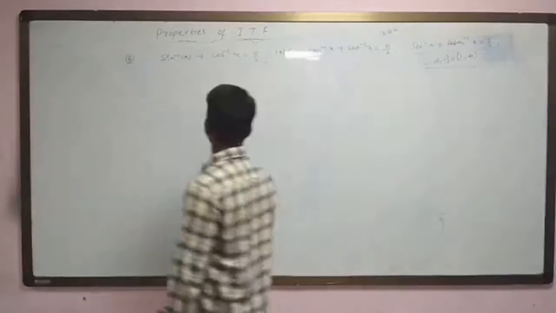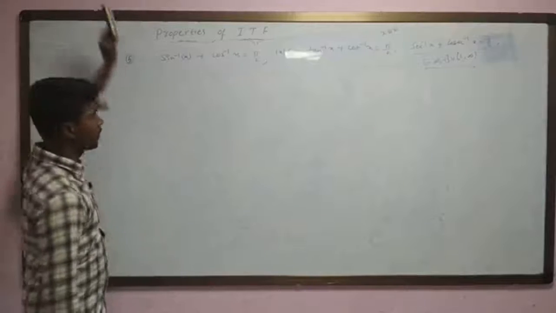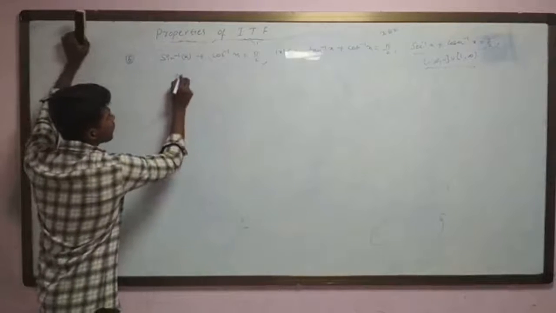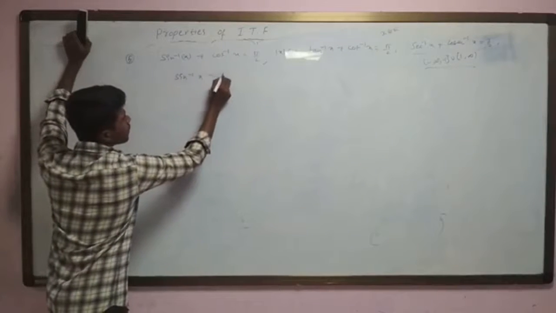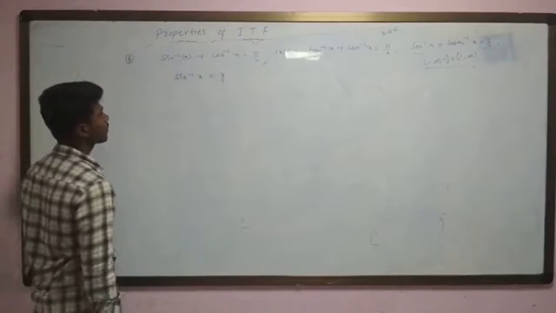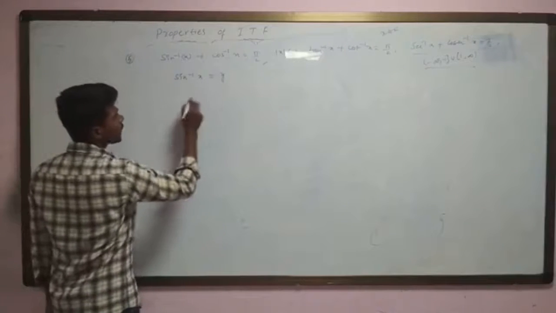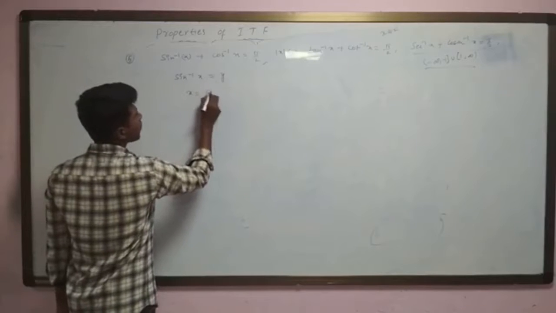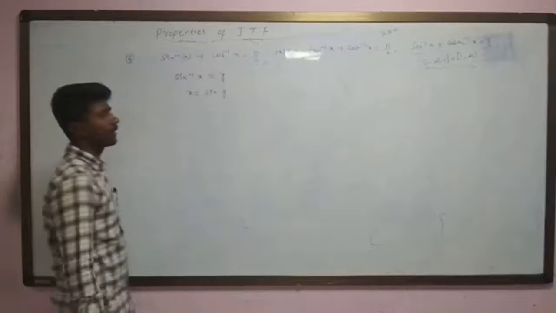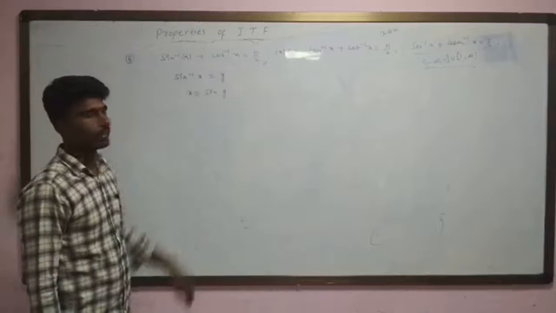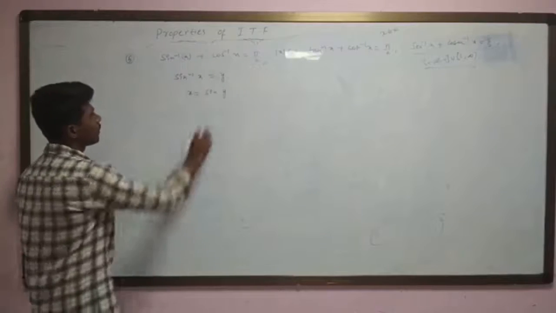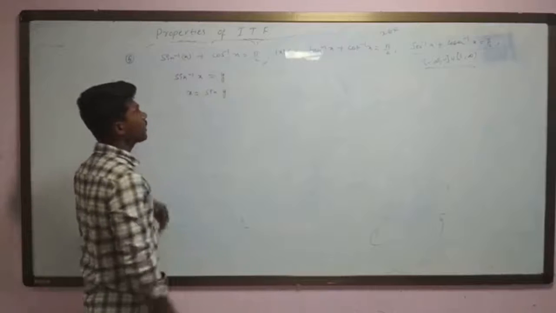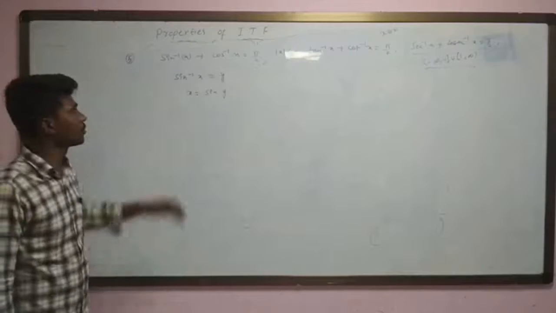Sin inverse x plus cos inverse x equal to pi by 2. If I take sin inverse x as y, then x can be written as sin y. Now the same sin y, how can I convert in terms of cos?